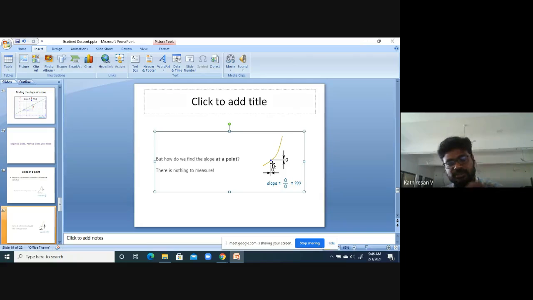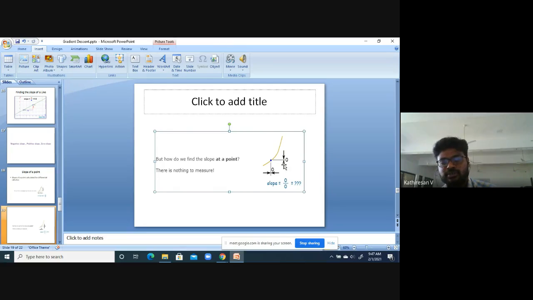At this particular point, if you calculate the change in y and change in x, both are 0. If you take any point in a curve and calculate the change in y direction and change in x direction, both will be 0. So you'll get confused: is 0 by 0 the slope? Actually 0 by 0 is not a slope for this particular point.